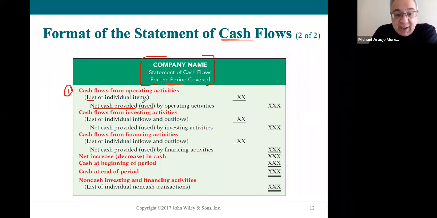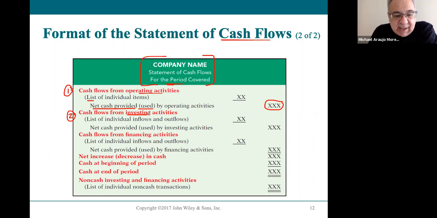Provided simply means more cash coming in than out, and used simply means more cash going out than in, specific for each activity. Like I said, in most cases, net cash will be provided for operating activities, so this will be a positive number. Positive numbers on cash flow statements simply mean cash coming in. The next section, as you remember, is the investing activity.